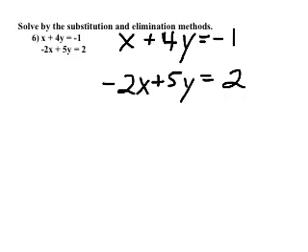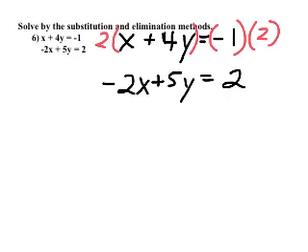So I can see, if I multiply the top equation by 2, it'll do that. If I multiply this by 2 and multiply this by 2, here's what I'll get. I'll get 2x plus 8y equals negative 2.